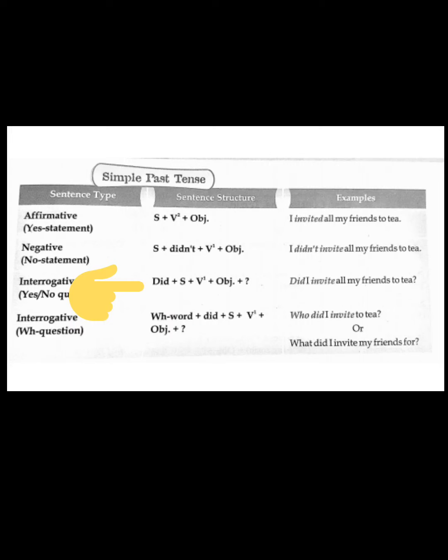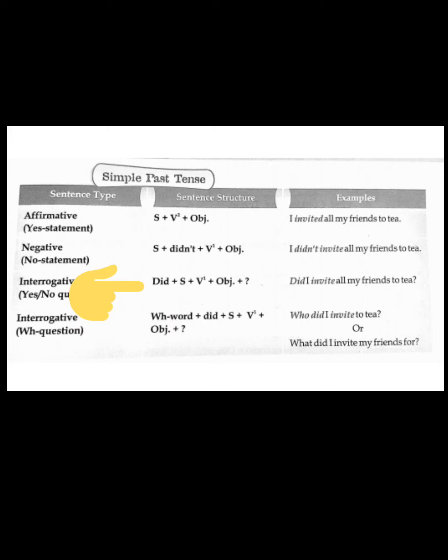Question mark. Now what happens when we frame questions by using WH word? So WH word plus did plus subject plus verb first form plus object plus question mark. So it will be, who did I invite to tea? Question mark.